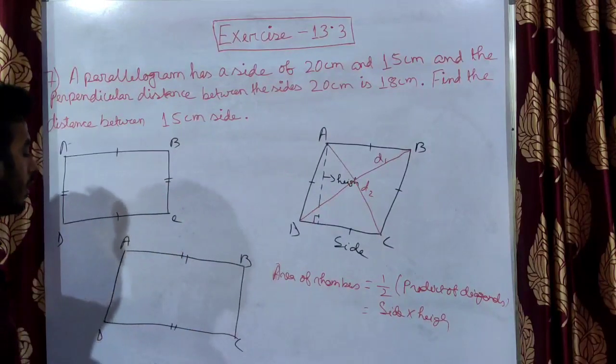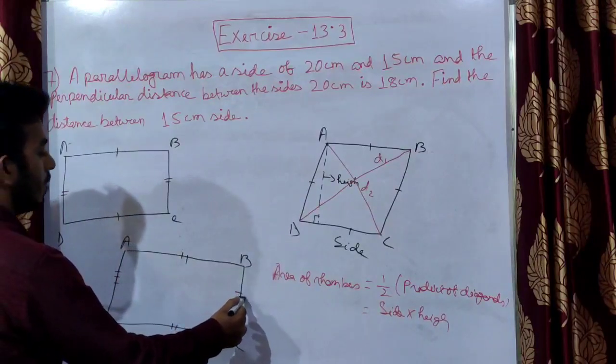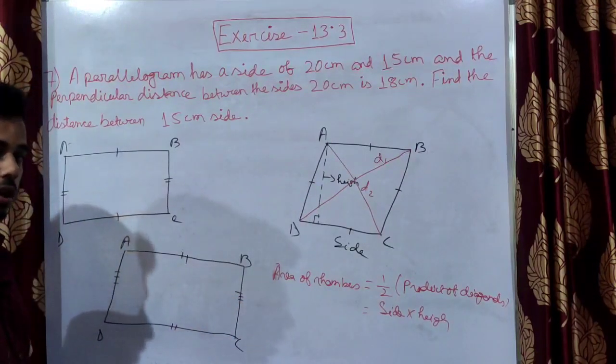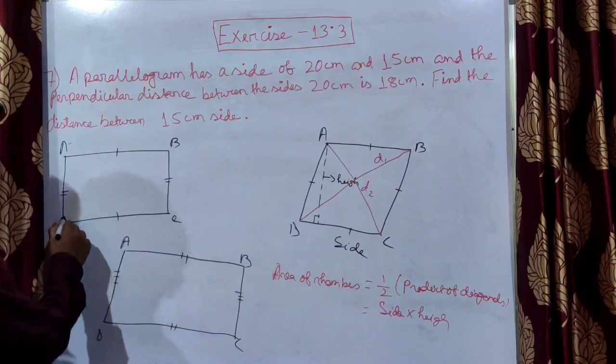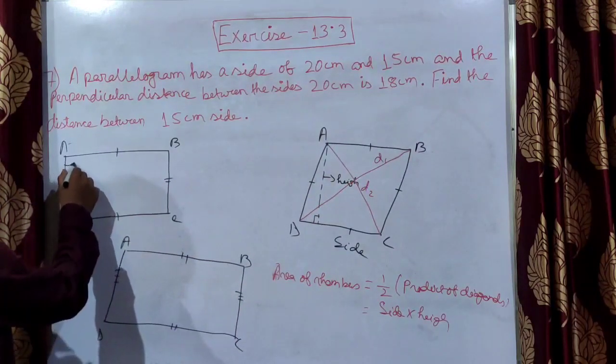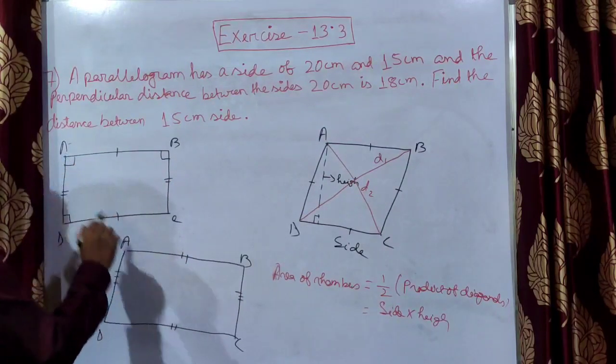Like this in a parallelogram, if this side is 10 centimeter, this side will also be 10 centimeter. The different characteristic is that in a rectangle, all angles are 90 degree, and with this symbol we represent that this angle is 90 degree.